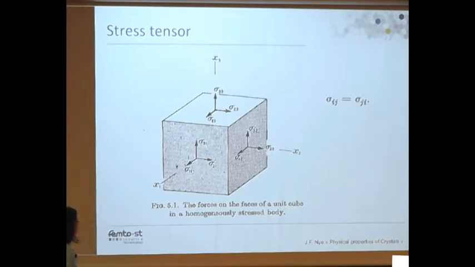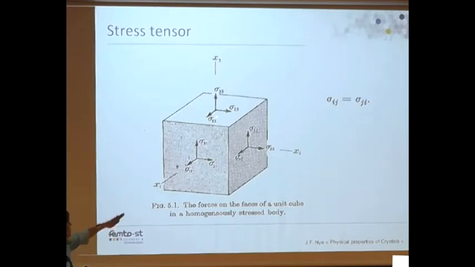In definition, it's quite easy. I use sigma for the stress here. The first number, 1, shows the direction of the force, and 3 shows on which plane it is applied. So 3 means the plane perpendicular to z.